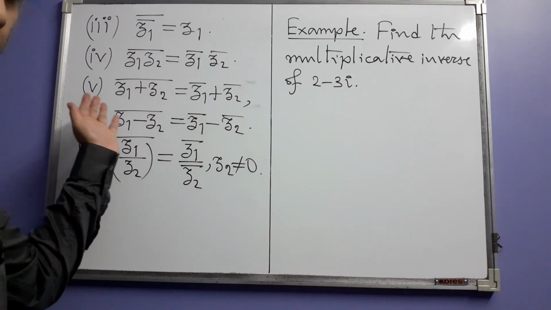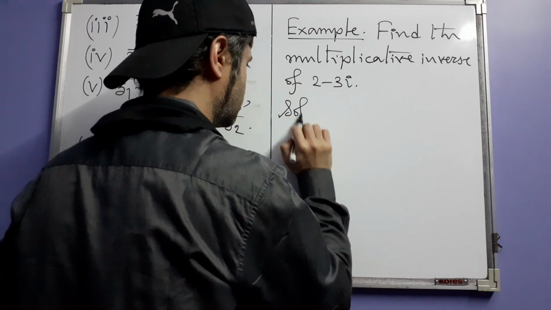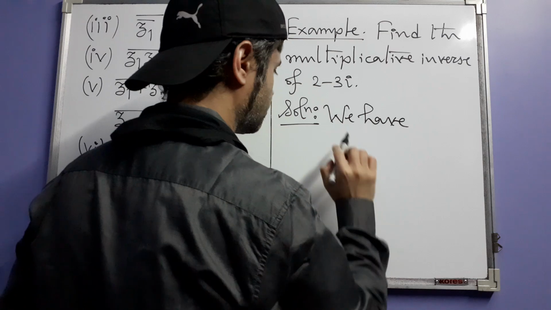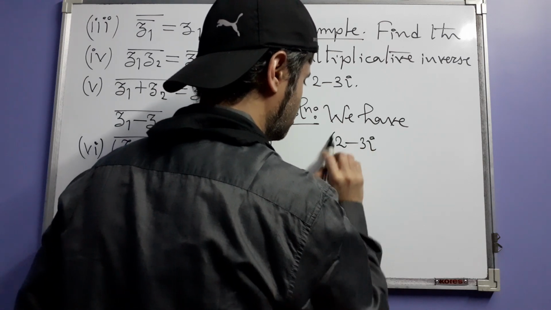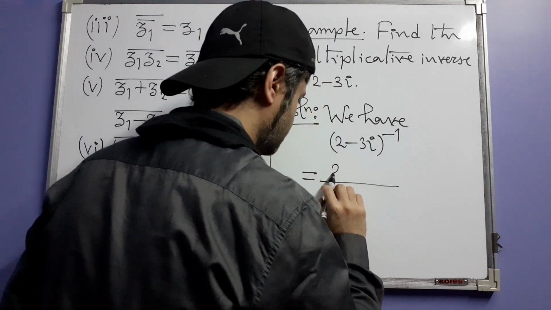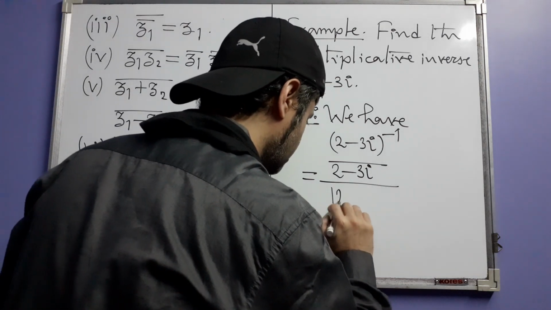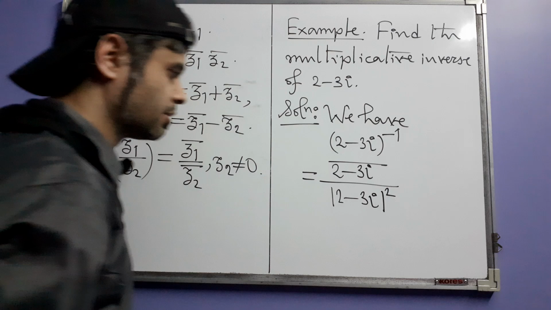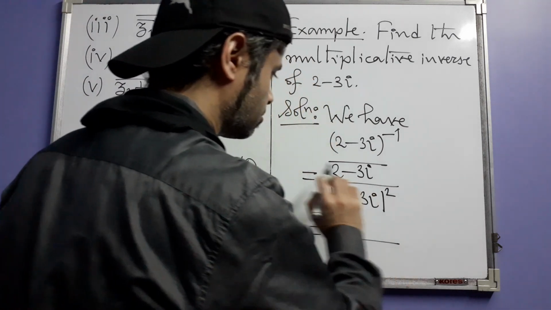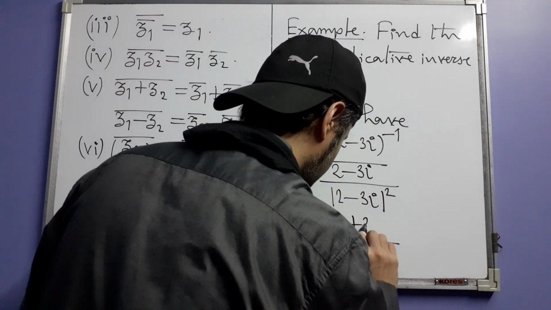Okay, so let us use that formula which involves complex conjugate and modulus. Two minus 3i inverse is, by that formula, first of all the complex conjugate of 2 minus 3i divided by the square of its modulus. Square of modulus, remember that, not simply modulus. To calculate the complex conjugate, you change the sign of the imaginary part, so it becomes 2 plus 3i.